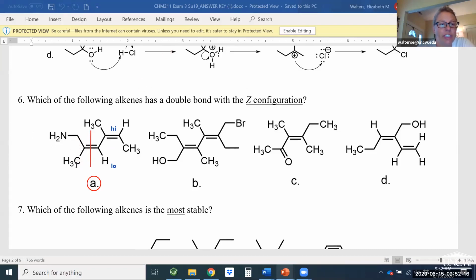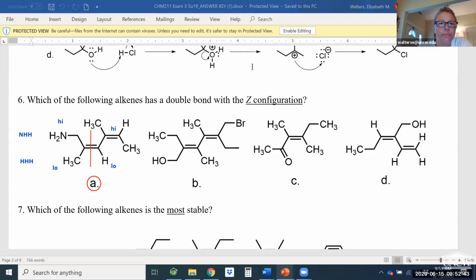So you'd have to figure out and make a list of what these carbons are bonded to. The carbon on the bottom is bonded to 3 hydrogens. The carbon at the top, a nitrogen and 2 hydrogens. Okay. So the nitrogen beats the hydrogen. So this is high and this is low.